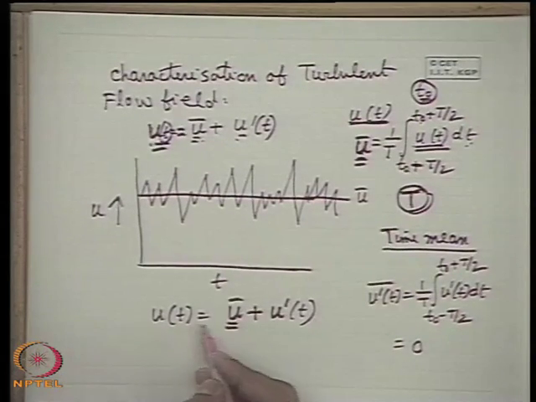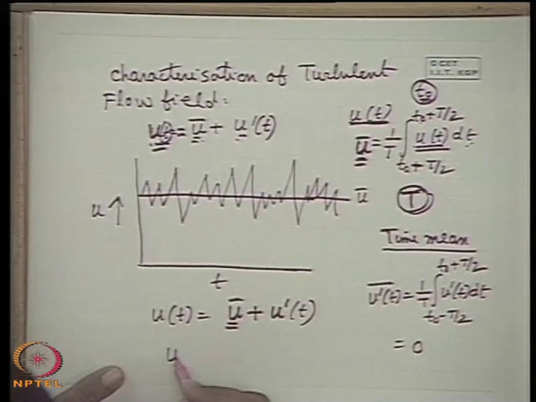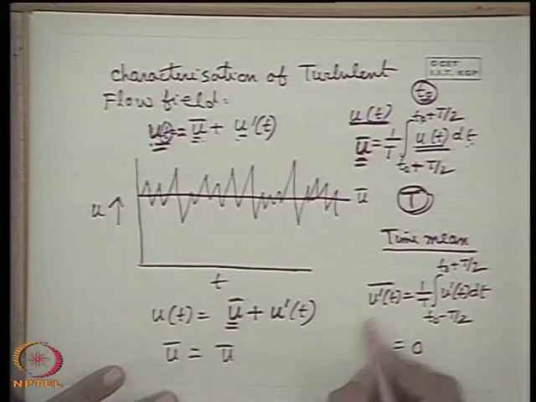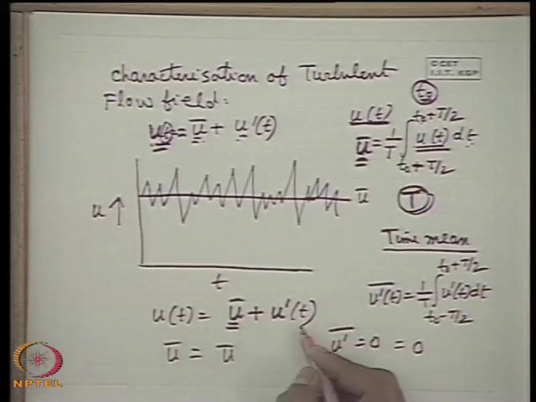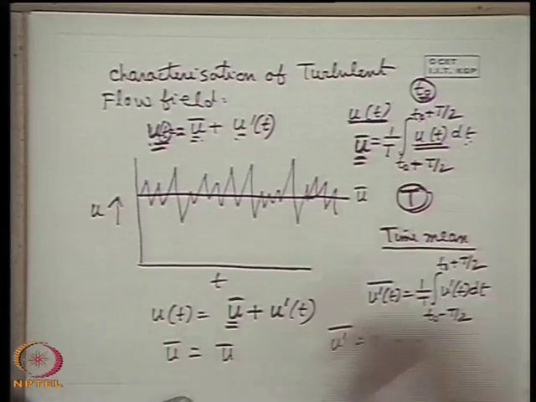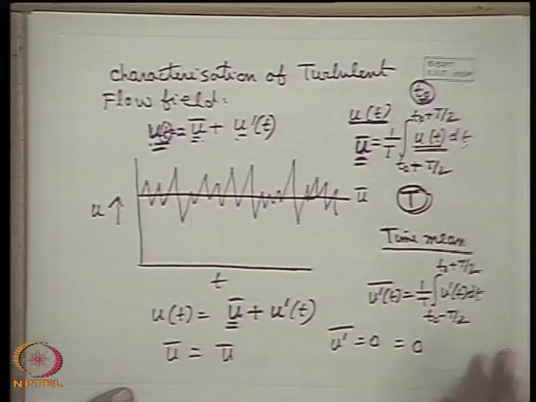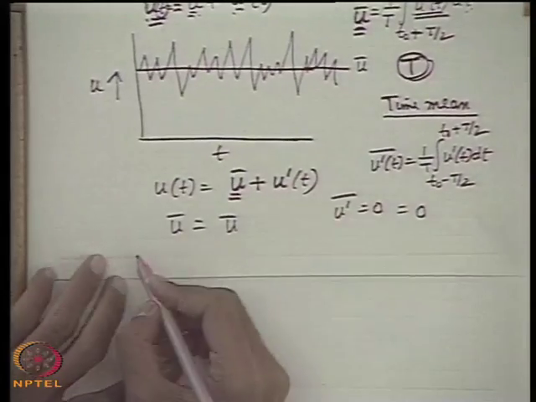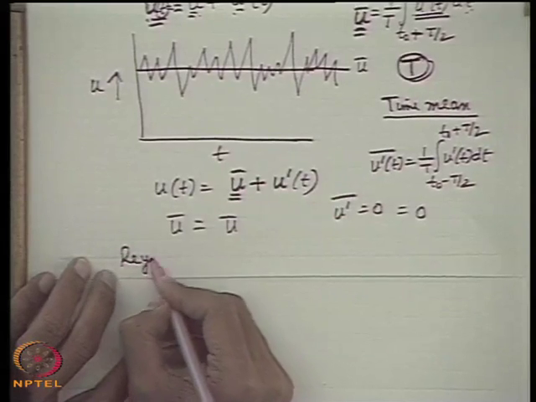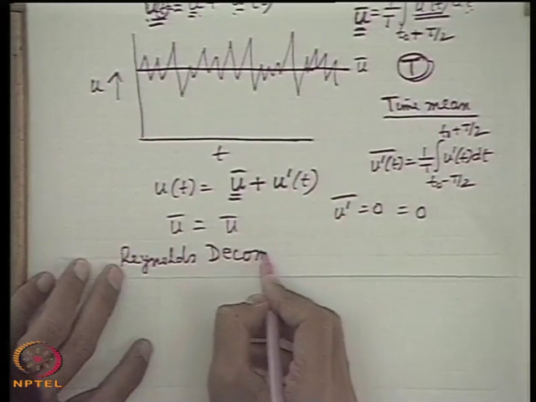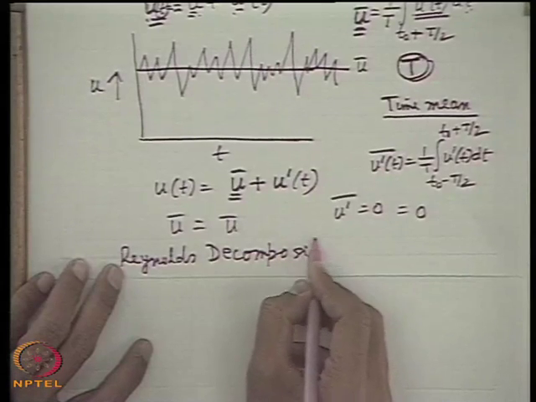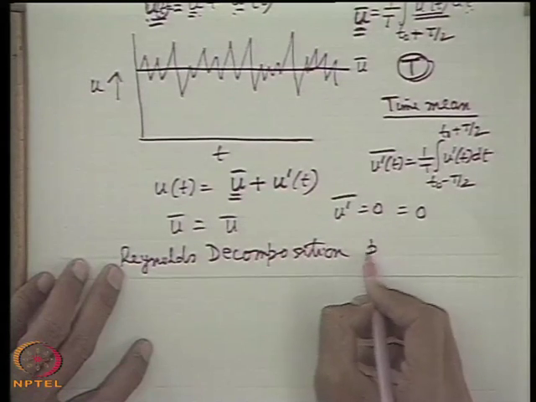If we take the mean of both sides, we get u bar equals u bar plus the mean of u dash, so the mean of the fluctuating component is 0. This is known as the Reynolds decomposition principle.